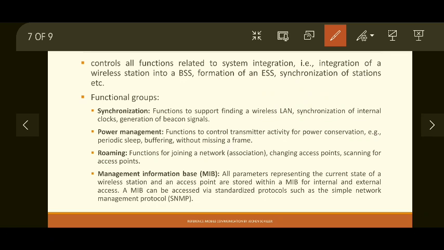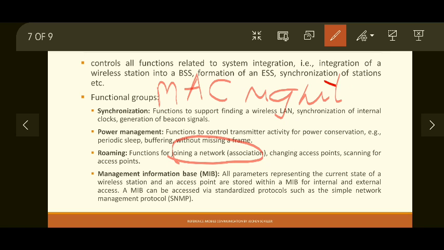Then the third functional group is regarding roaming. When users change their access point, how to associate them with a different access point is handled by the MAC management layer. Again, MAC management, this is very important. Association is helping in authentication of devices.